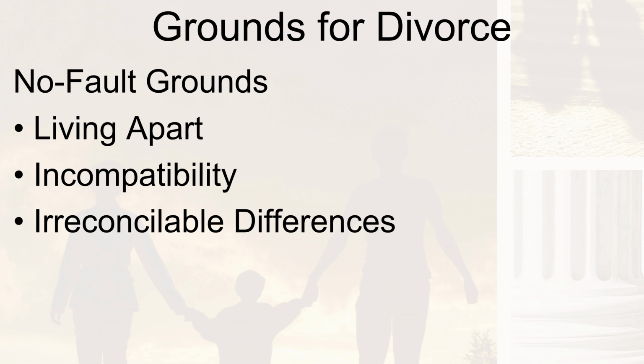Some states do offer the ground of living apart; California does not. Make sure you read to see if the statute specifies a specific time frame. Most living apart statutes will require that the parties intend to end their marriage when they live separately for a designated period of consecutive time.